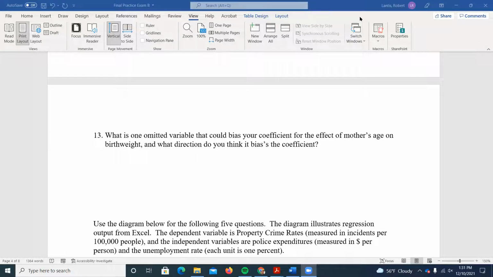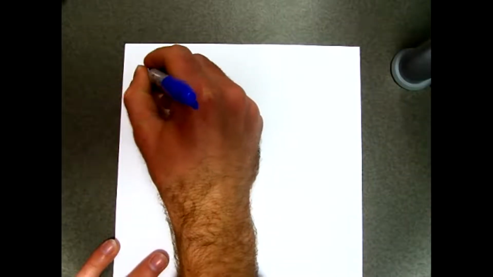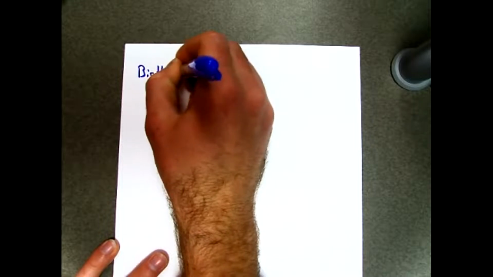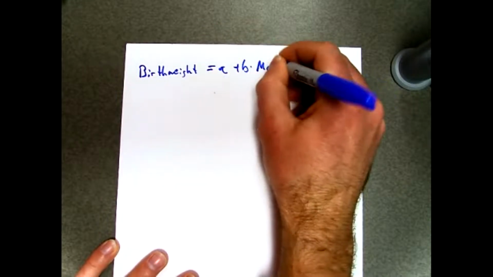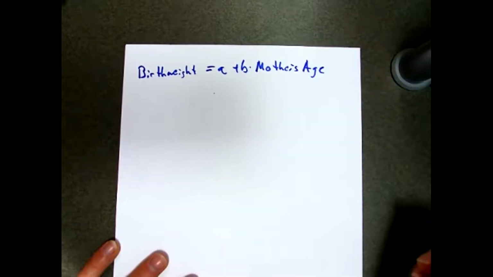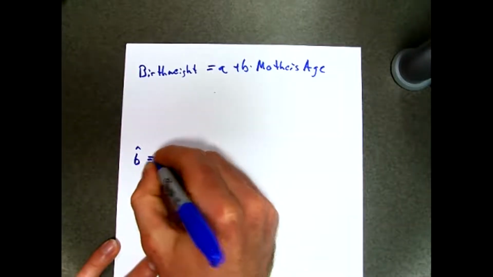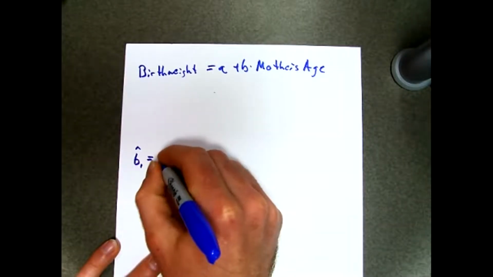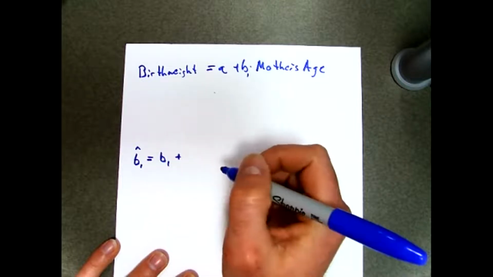So what we're thinking about here is we've got birth weight. And if we were to run this really naive, simple linear regression where we only include mother's age, then that coefficient that we see is going to include the true effect plus this bias component.